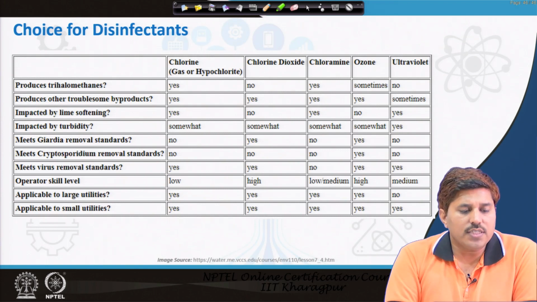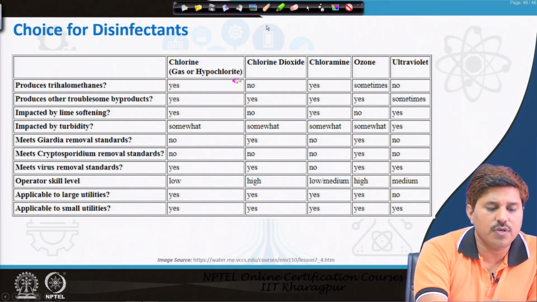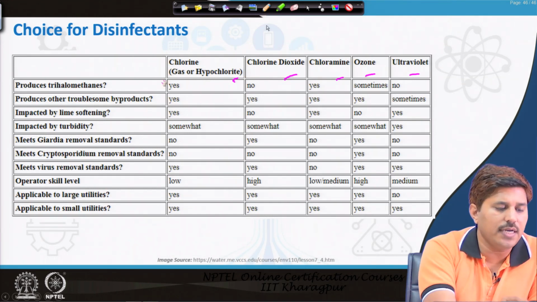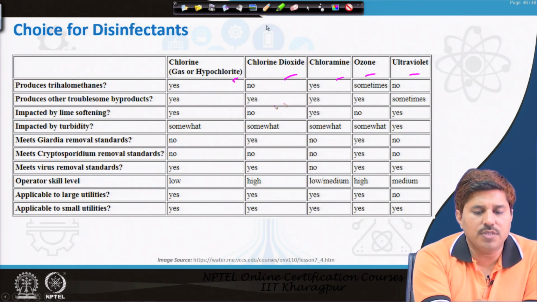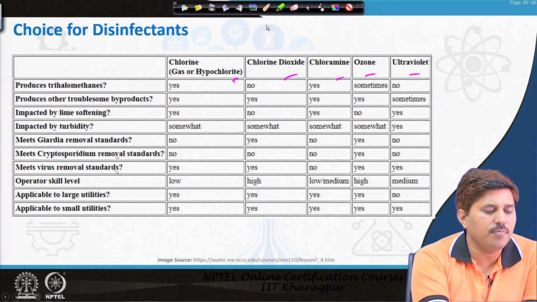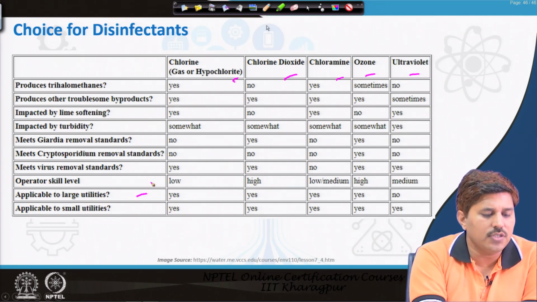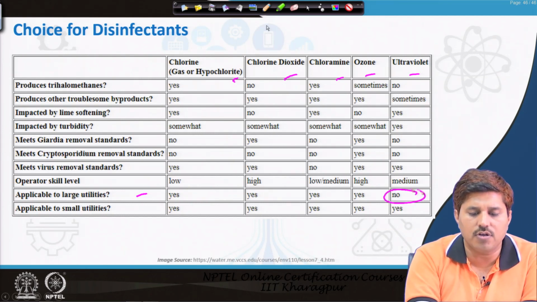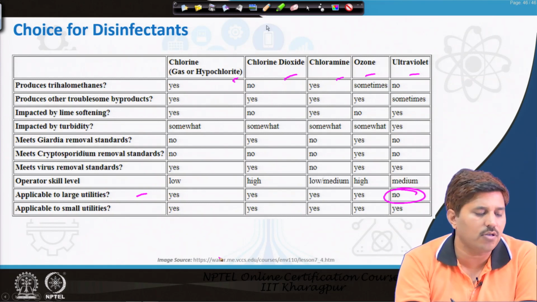So, for the choice of the disinfectant, these are the common disinfectants. Let us say we can use chlorine gas, chlorine in the form of hypochlorite, chlorine dioxide, chloramine, ozone, ultraviolet, and based on which produces trihalomethane. So, we can see based on our requirement, okay, whether we want to apply it to large utilities. For large utilities, again you see that ultraviolet is not an option, as we just discussed, or ultrasonic or any such method are not an option.